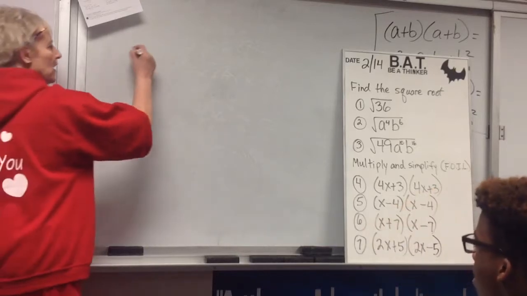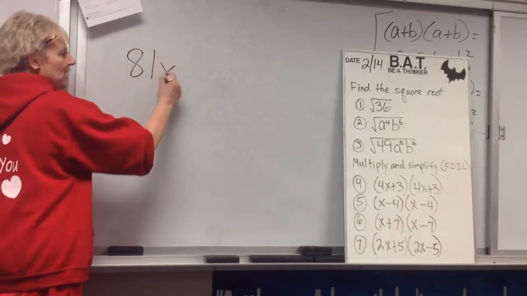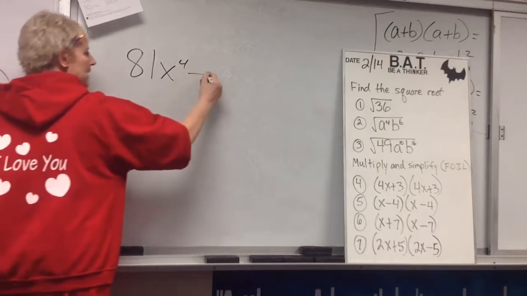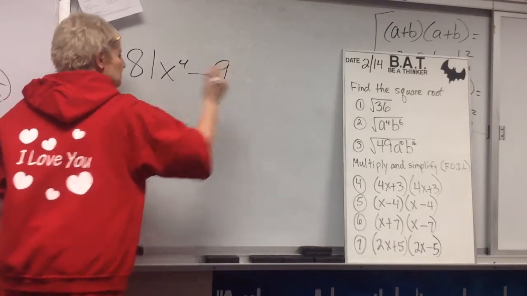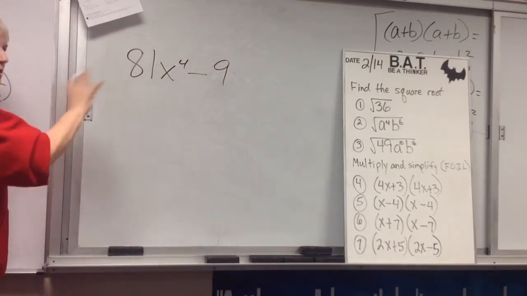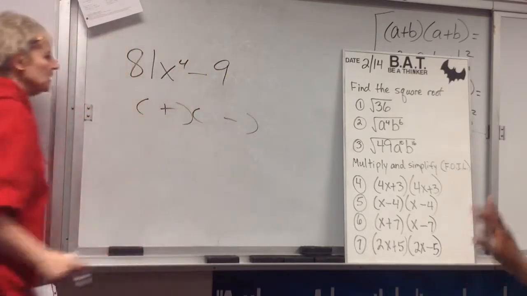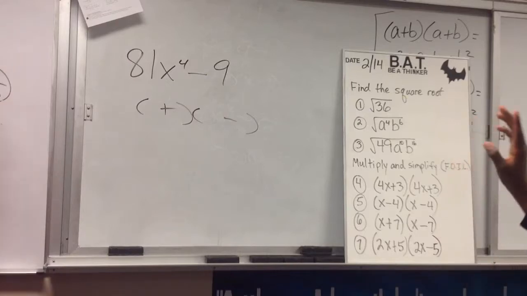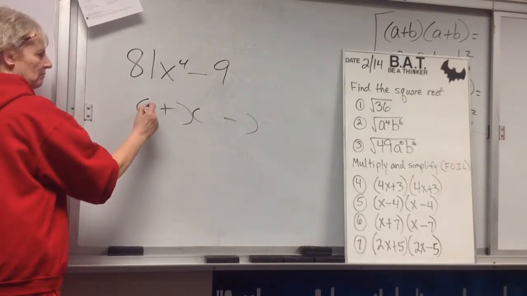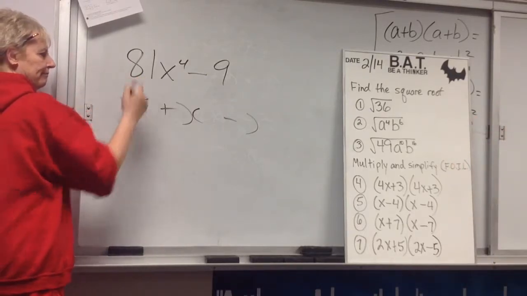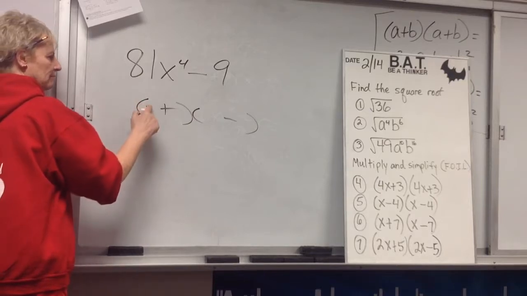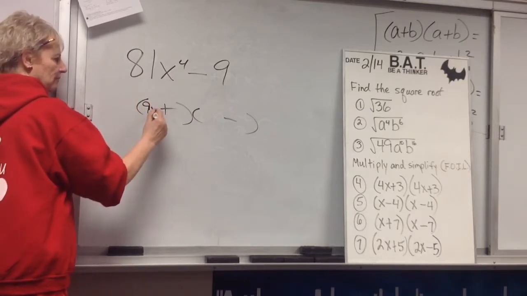Okay, here you go. 81 x to the 4th minus 9. Two perfect squares. One's plus, one's minus. What do I put in the blanks? 81 is 9, x to the fourth is x to the second.